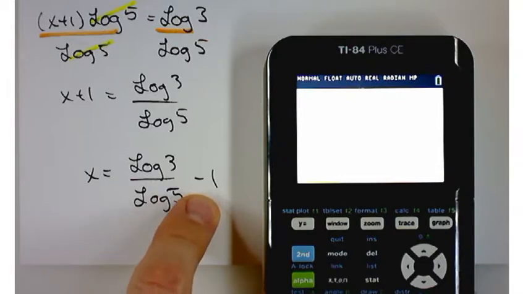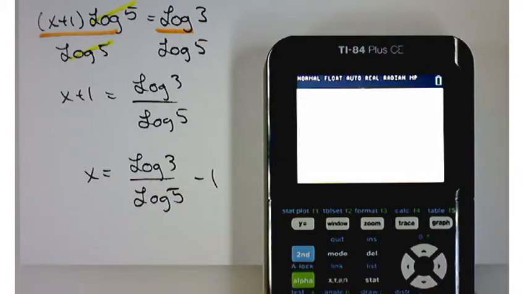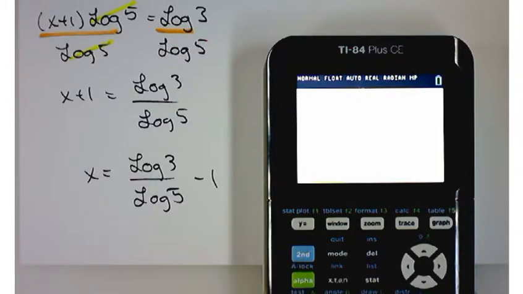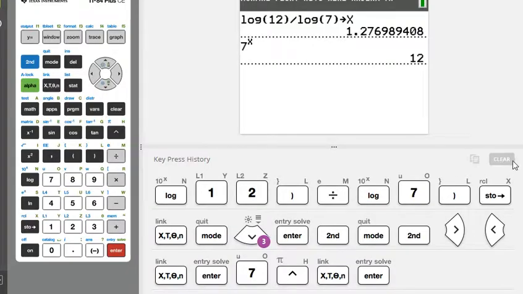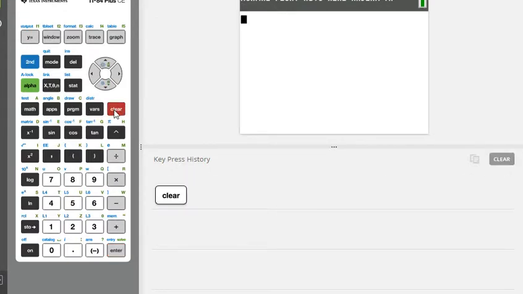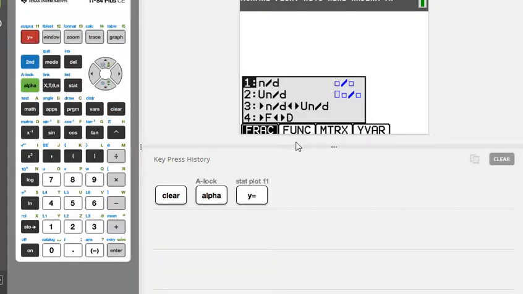Now, I'm going to keep on showing you more and more little tricks here. One trick that I want to show you is how you can do fractions on the graphing calculator. If you hit the alpha key, then the y equals key, that first option there allows you to do fractions.